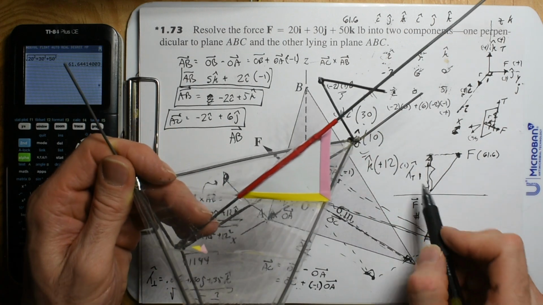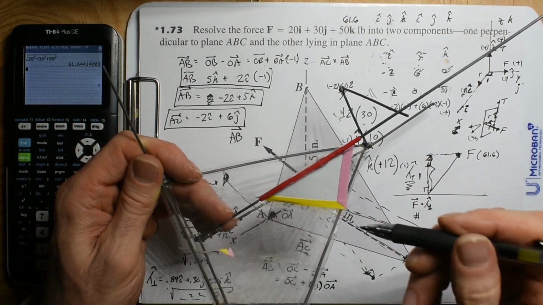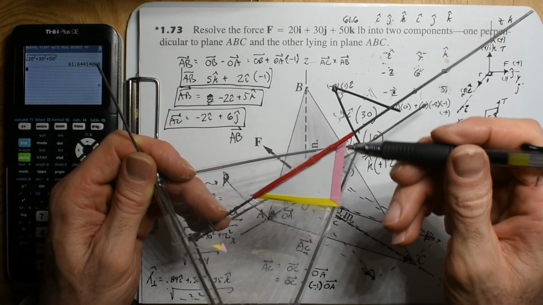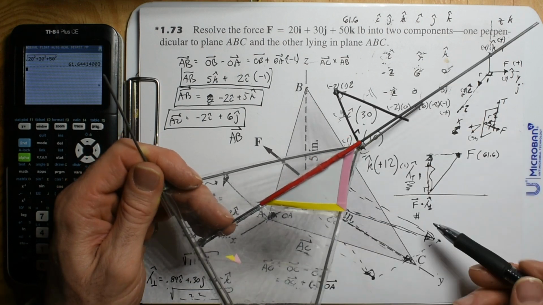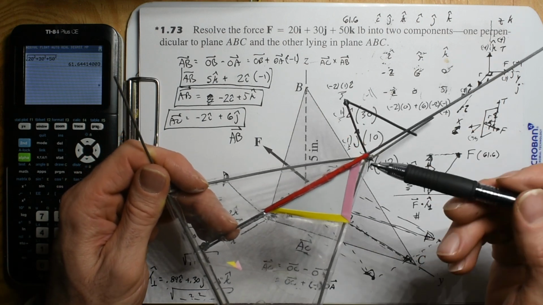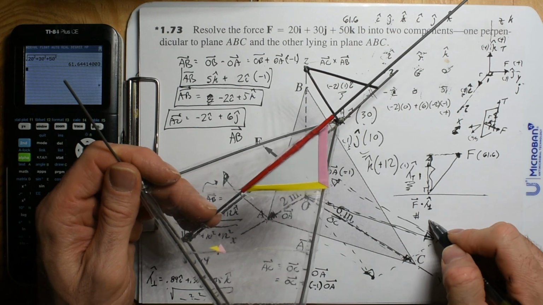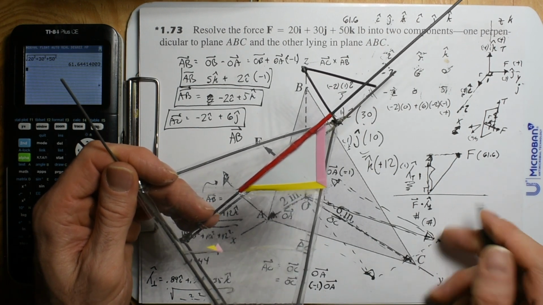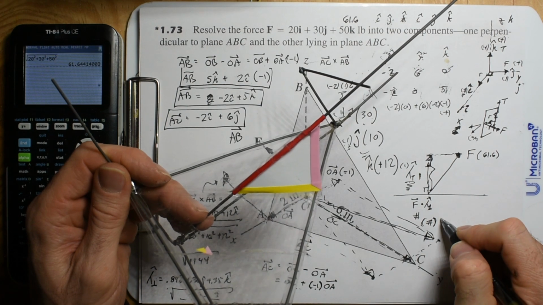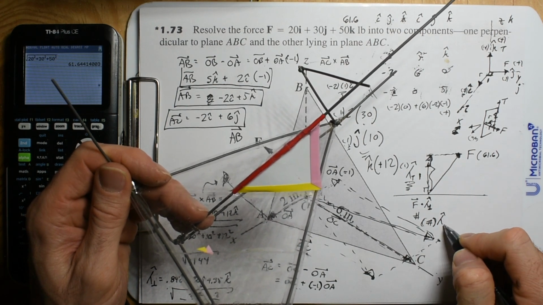But we already know that the unit vector perpendicular is the same direction as this perpendicular component. So once we find this scalar, we just take that scalar and multiply it as a number against the unit vector.